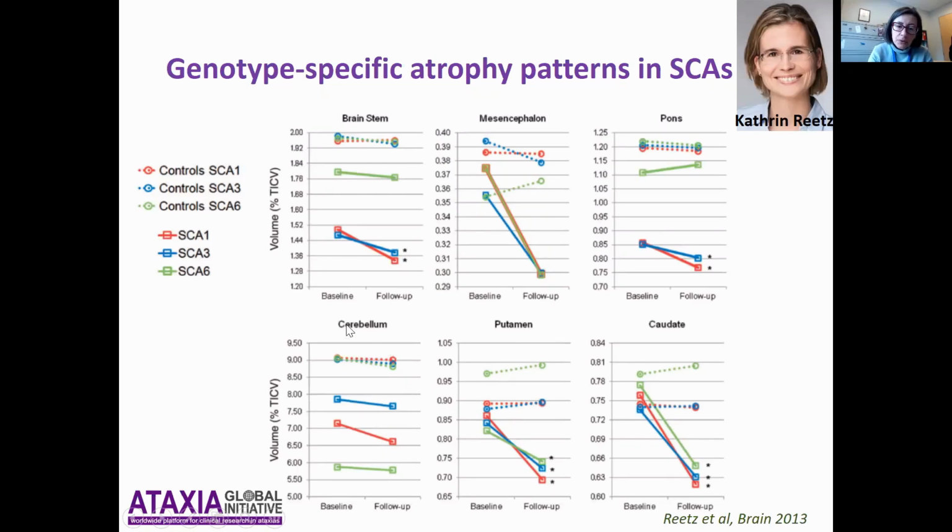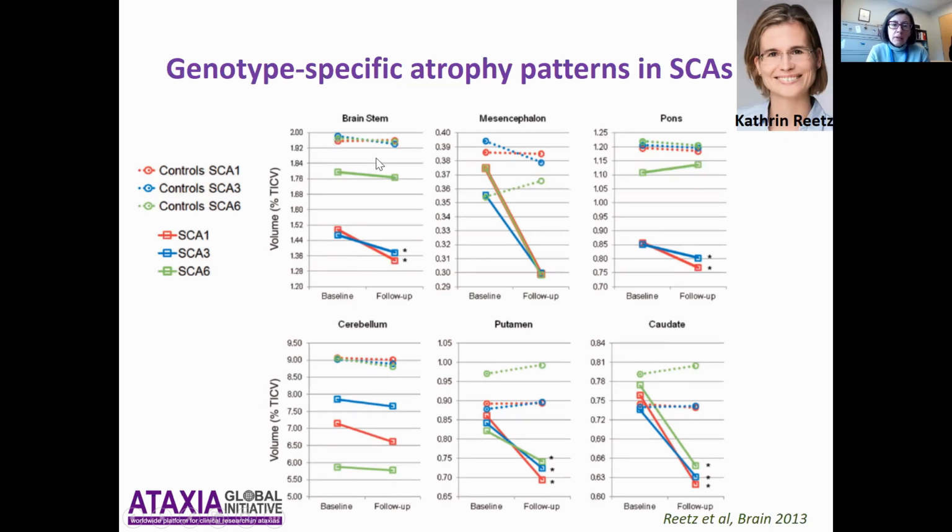For example, look at the overall cerebellar atrophy, the extent of atrophy being most severe in SCA6 here, followed by SCA1 and SCA3. You look at the pons, in SCA6 the pons is not atrophied much.